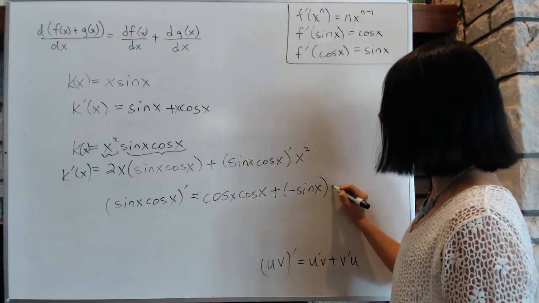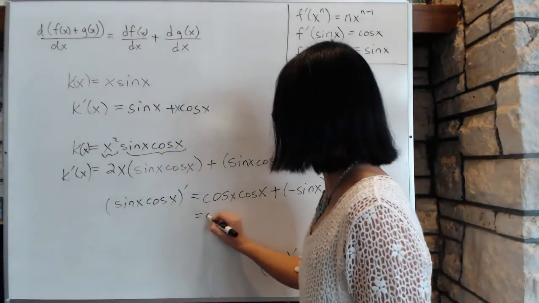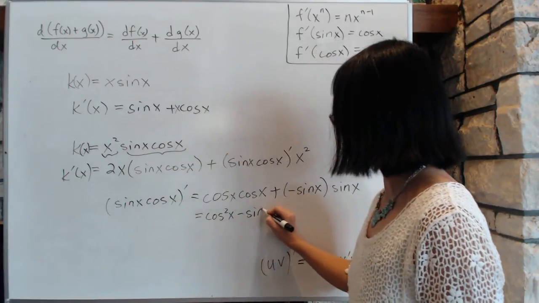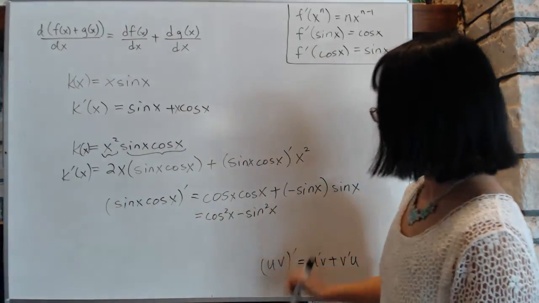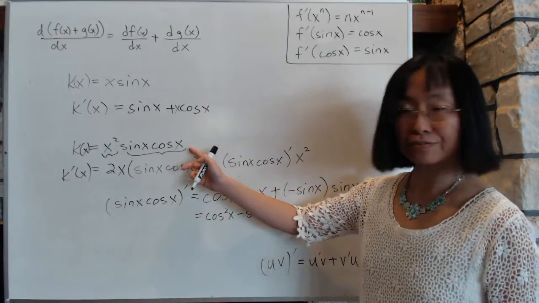That is the same as cosine squared x minus sine squared x. Then we plug this value in here, and that will give us the derivative of that whole thing.